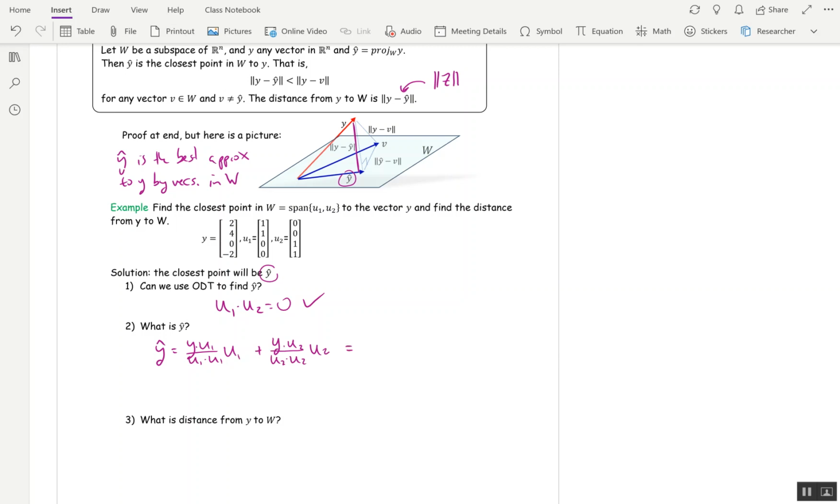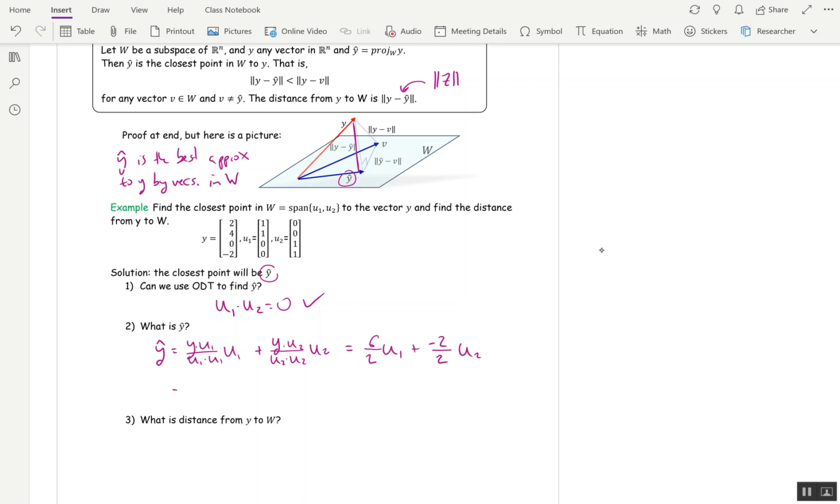Okay, y dot u1. So let's just go up here and look. 4 plus 2 is 6. u1 dot u1 is 2. So we'll have 3 u1s, because 6 over 2 is 3. And then plus y dot u2, which is negative 2, over u2 dot u2, which is 2, and that'll be times u2.